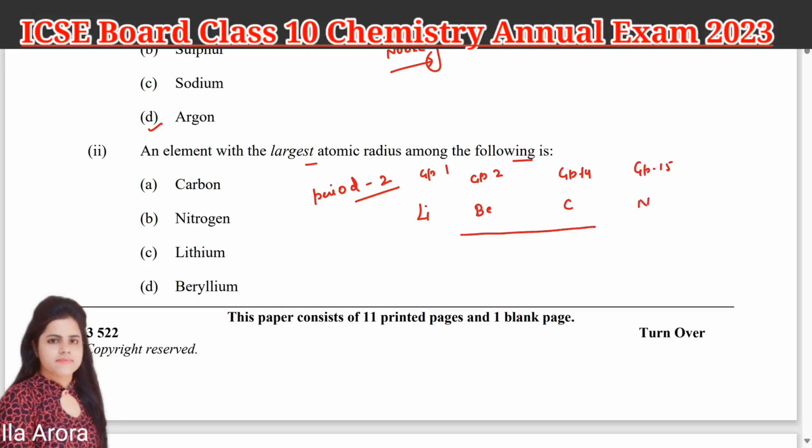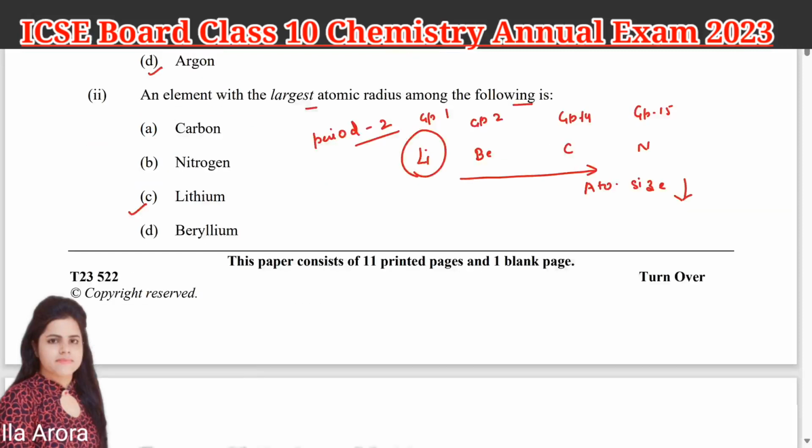So this is how we are going left to right, and we know that in a period when we go left to right, atomic size decreases. It means lithium has the largest atomic radius. Answer will be C, lithium.